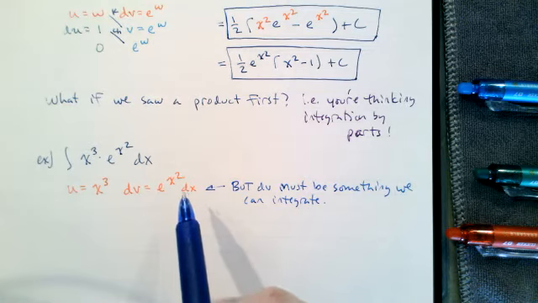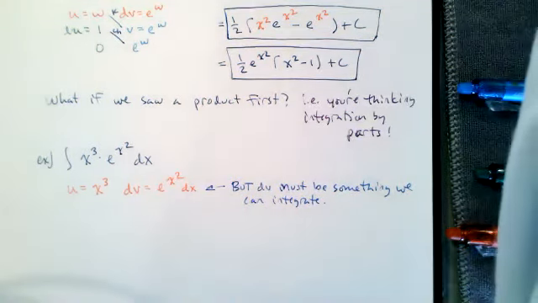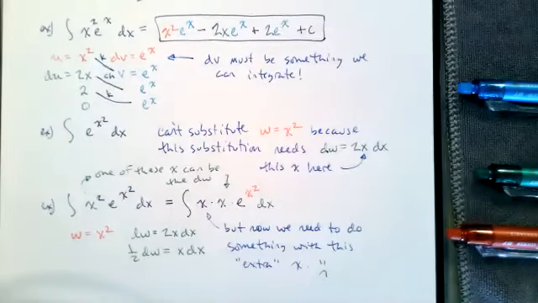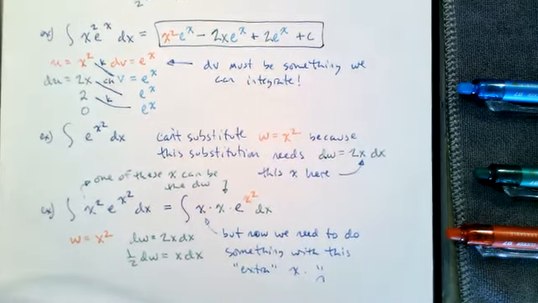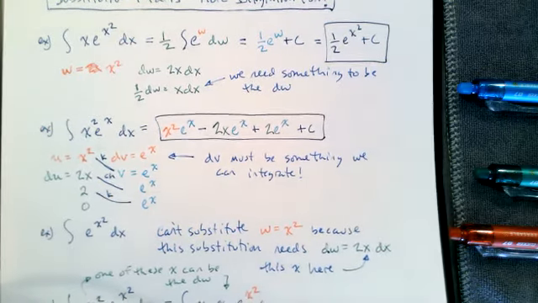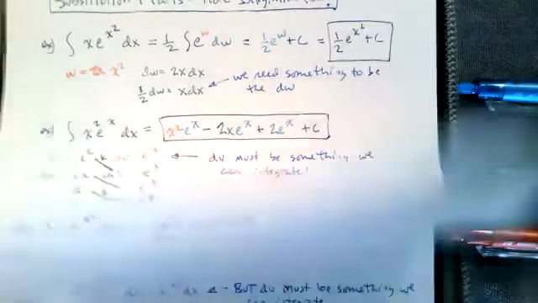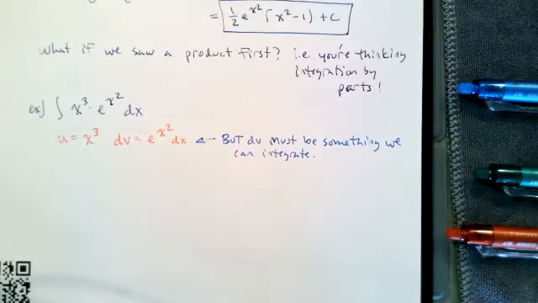But what we can integrate and that we have available, if we have an x and an e to the x squared, if we had x e to the x squared, we can integrate that. If we have a factor of x to be the dw, then we can integrate an e to the x squared.